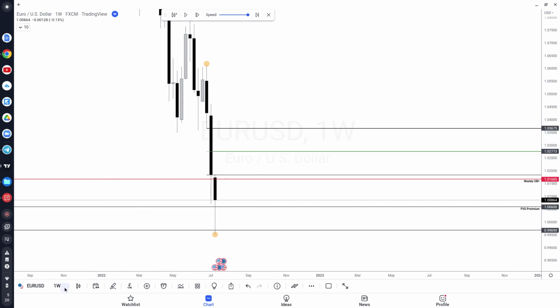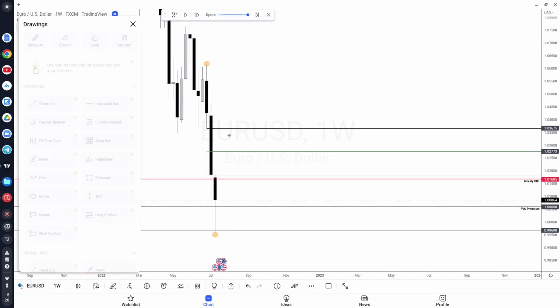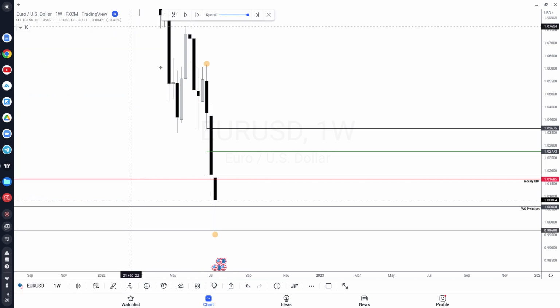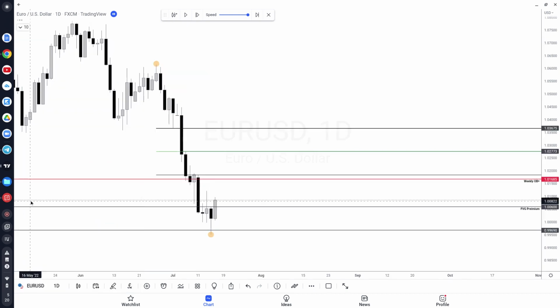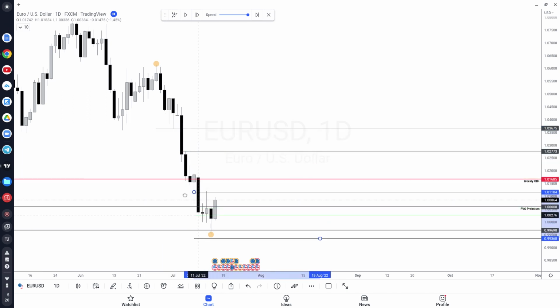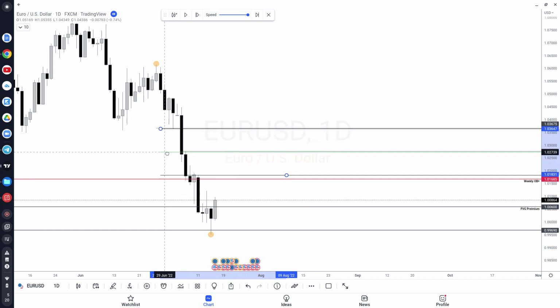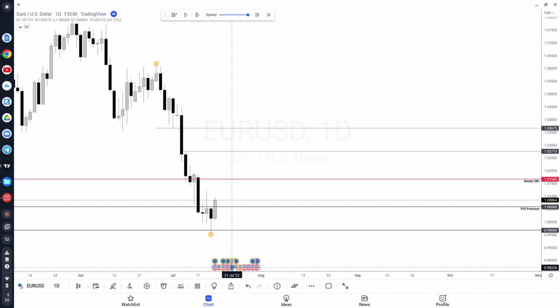Alright, so basically what this is here is we're seeing this weekly fair value gap, right? The 50% mark of the weekly fair value gap is there. And then when we push to a daily, the weekly fair value gap and the opening of the daily fair value gap, which is here, right? Those levels align.